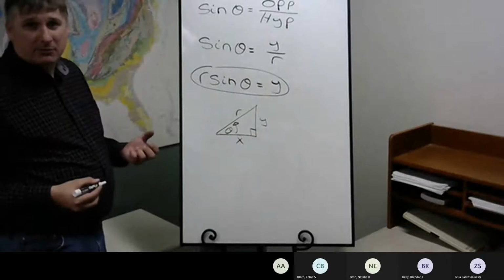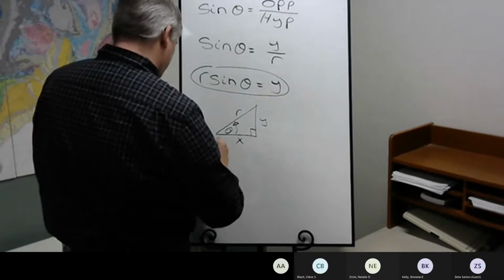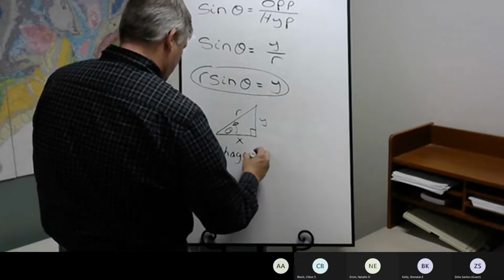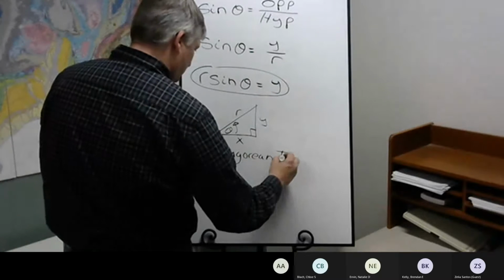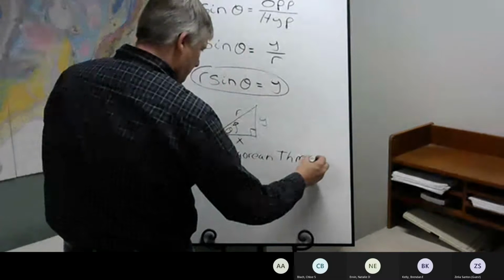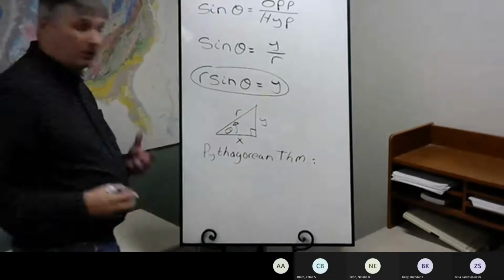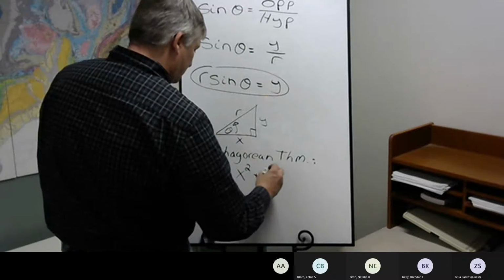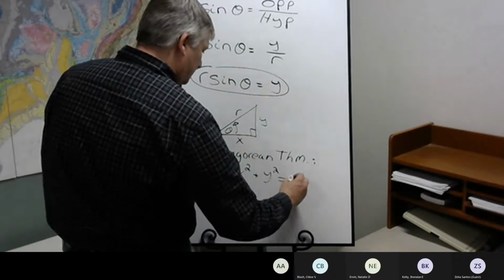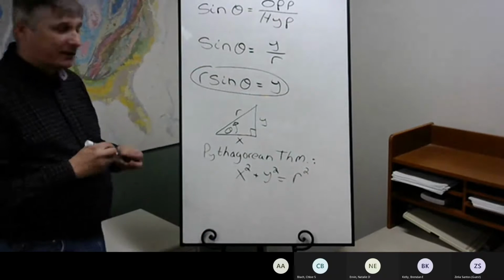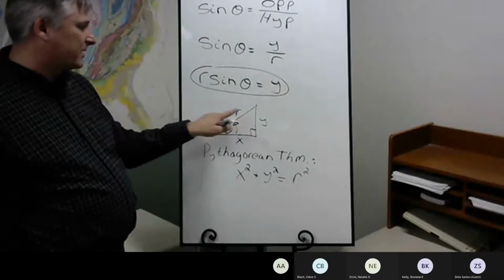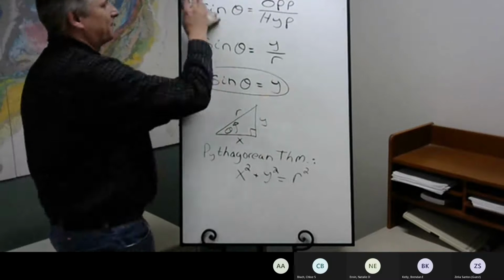So by the Pythagorean theorem, what we're going to get is x squared plus y squared is equal to r squared. So this squared plus this squared gives us that squared.